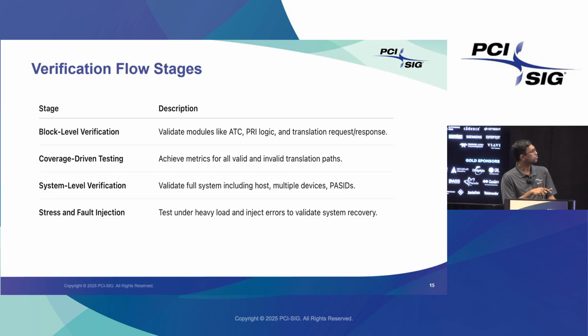In the first block level test bench, I used only one device and one RC, and the same test setup I reused for system level with multiple devices, assigning multiple PASIDs to each device. I reused that same test bench. And I think my test cases are coverage driven.